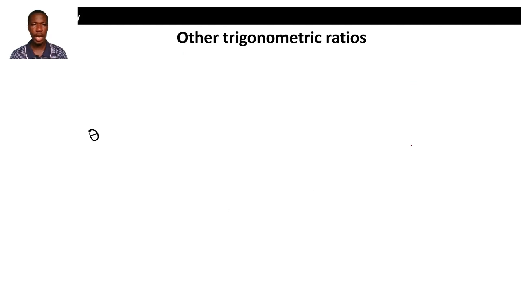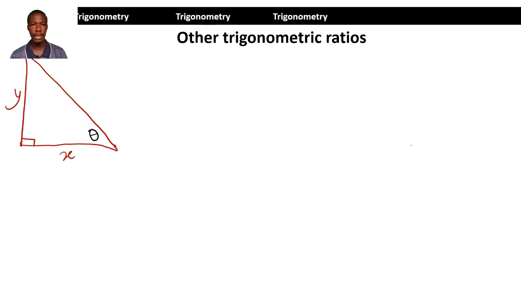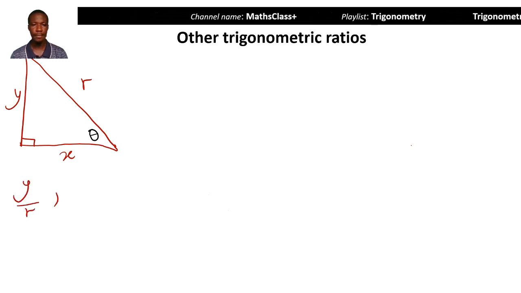Given the right angle triangle here, with this side as x, this side as y, and this side as r, if we want to divide the various sides among themselves, we can have y over r, x over r, and we can have y over x.